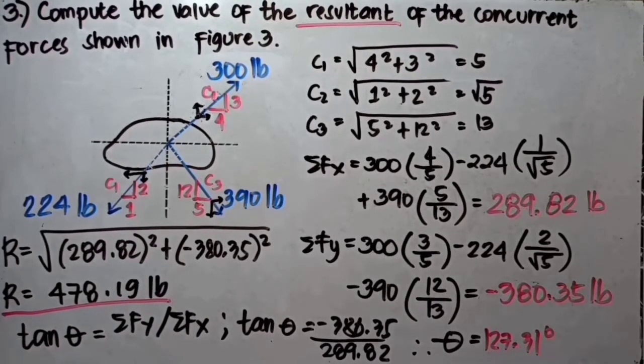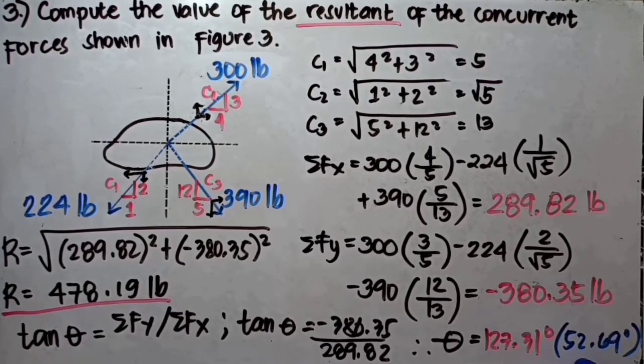Theta will be 127.31 degrees. Or, kapag ima-minus natin ito sa 180, magiging 52.69 degrees. So, ito, meaning nito, along the x-axis, ang angle of inclination ng resultant is 52.69 degrees down to the right.